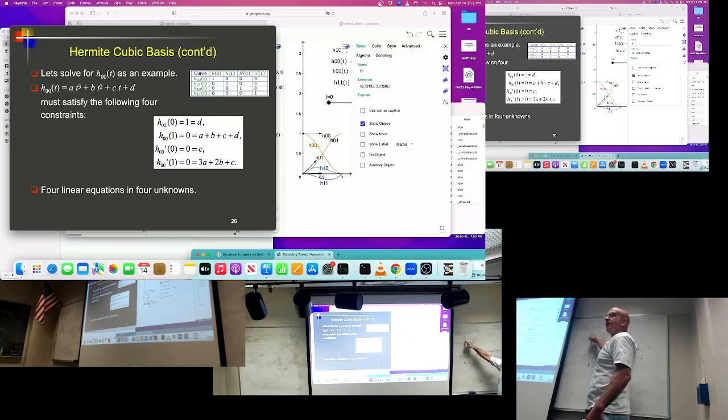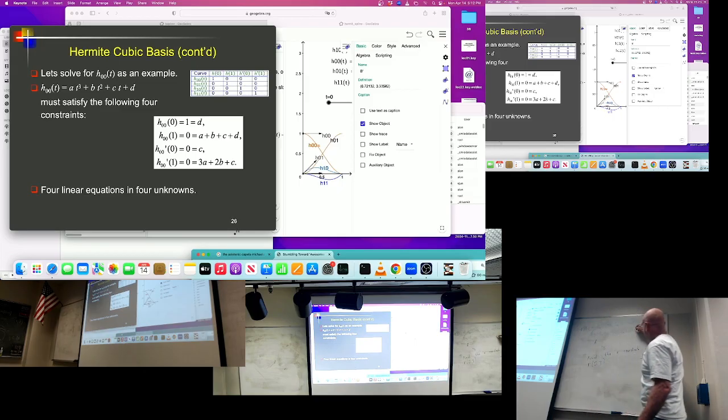If I ask about the x coordinate, assume that A is a point, so A dot x times h0,0 at 0.3 plus B dot x times h0,1 of 0.3, plus something that the user told me about.